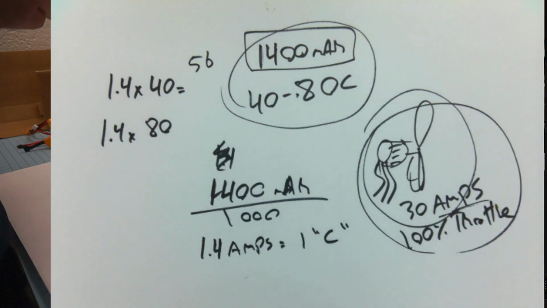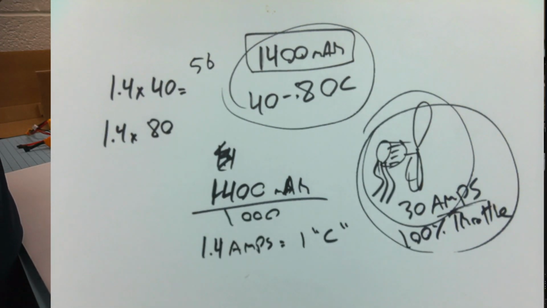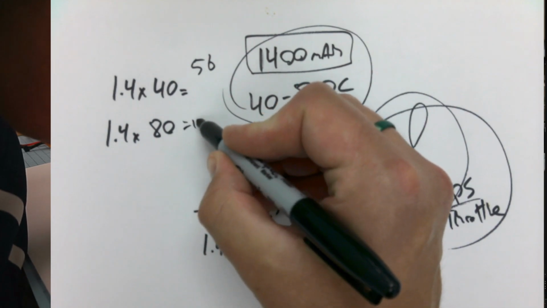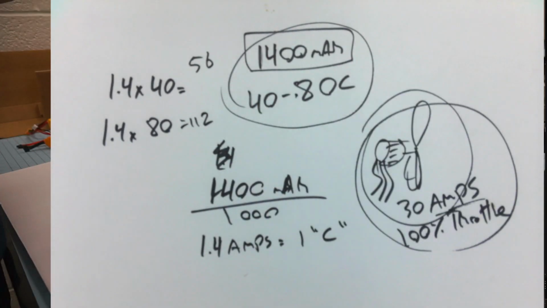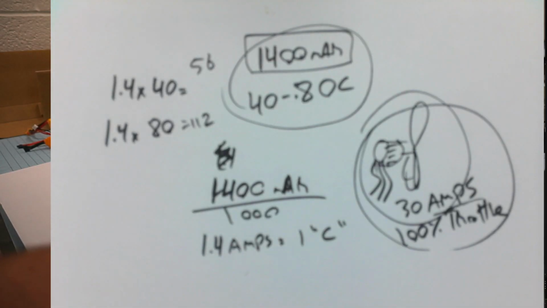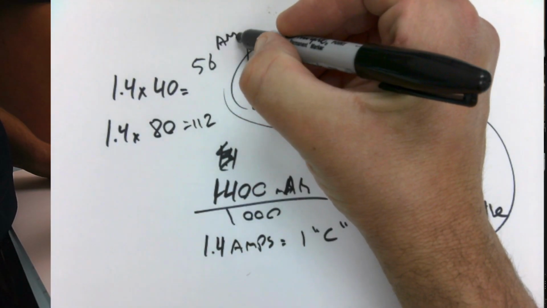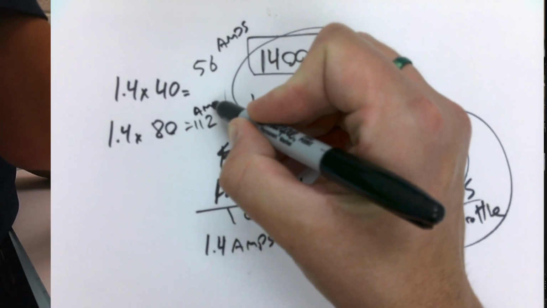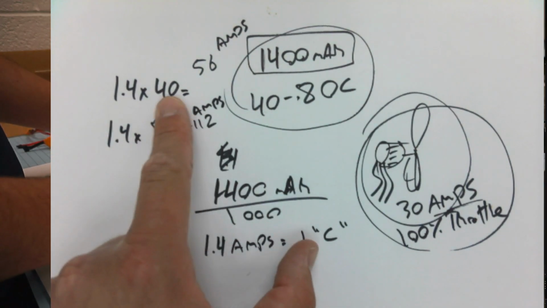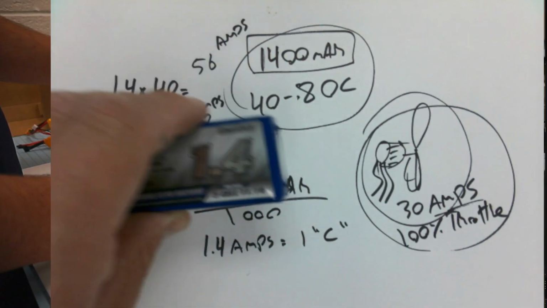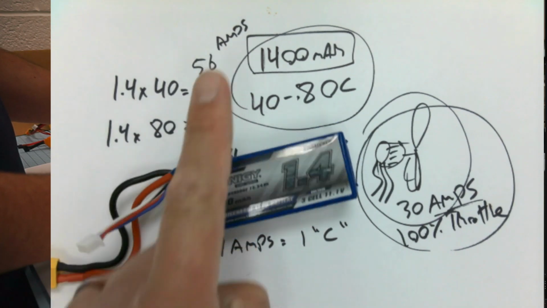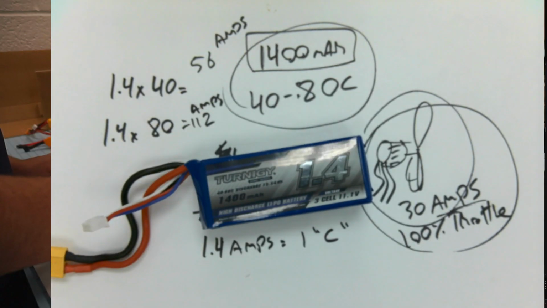And then 1.4 times 80 equals 112, which I guess those are just doubled. So that means at 40C discharge rate, this battery should be able to put out 56 amps, and at 80C, it should be able to put out 112 amps.